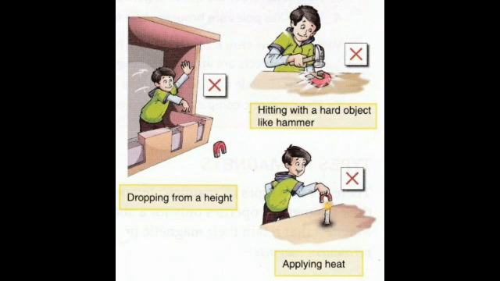When you heat the magnet, it loses its magnetic property. When it is dropped from a height, it loses its magnetic property. And when you hammer it, it also loses its magnetic property. So don't do that. Otherwise, the magnet will lose its magnetic properties.